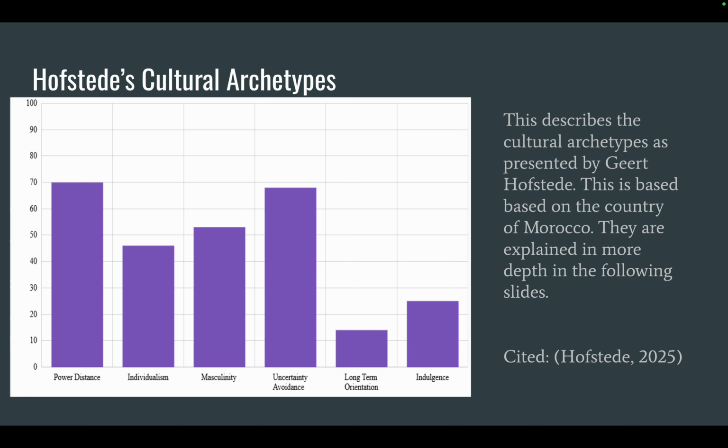The chart is based off the country of Morocco, which is the Maghrebi Arabic that we focused on. However, most of our research also applies to general Arabic culture for cultural communication. And the following slides will discuss in depth Hofstede's archetypes and how they impact classrooms, as well as what tips teachers can use to have successful years with their Arabic students.